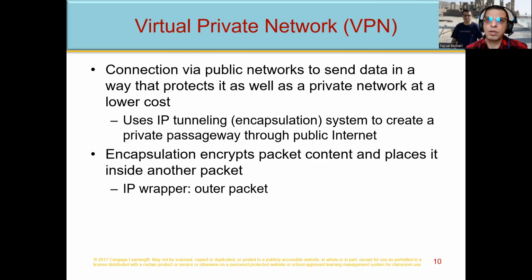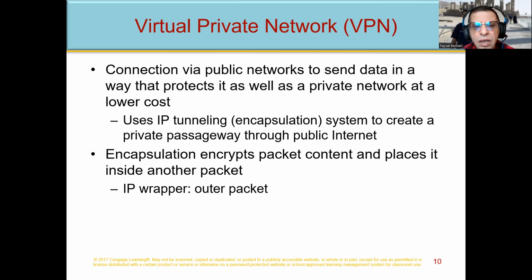Then you have a VPN, or virtual private network. It's a connection via a public network that sends the data in a way that protects it as well as a private network, at a lower cost, but it has its own issues too. If you're good at it, you can crack it.